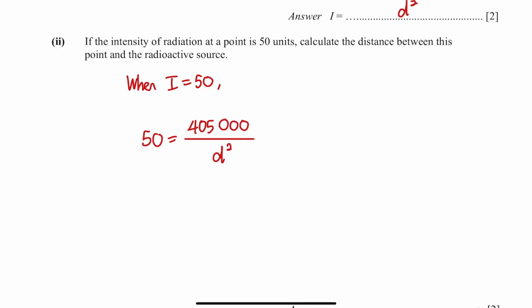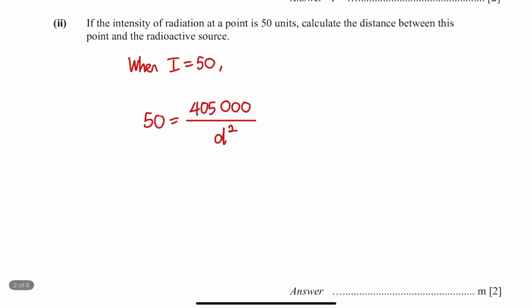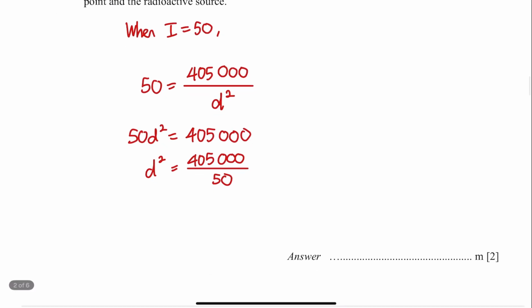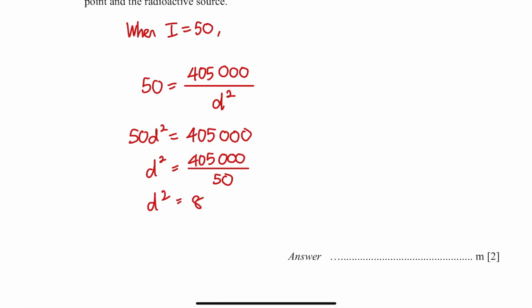If we do it step by step and cross multiply, this means that 50d squared is equal to 405,000. So therefore, d squared is equal to 405,000 divided by 50. Then I'll get the value for d squared, which is equal to 8,100.